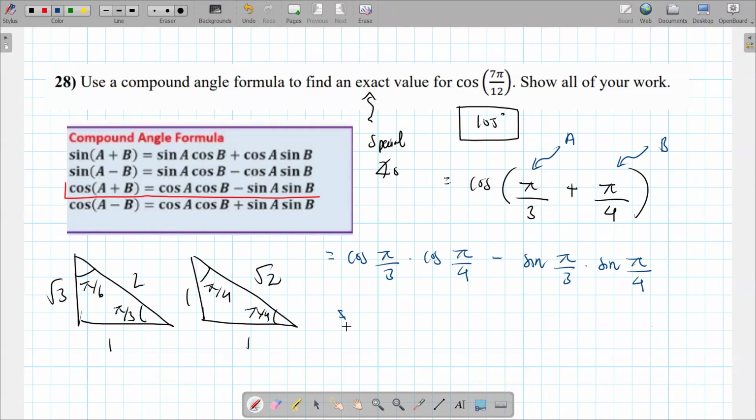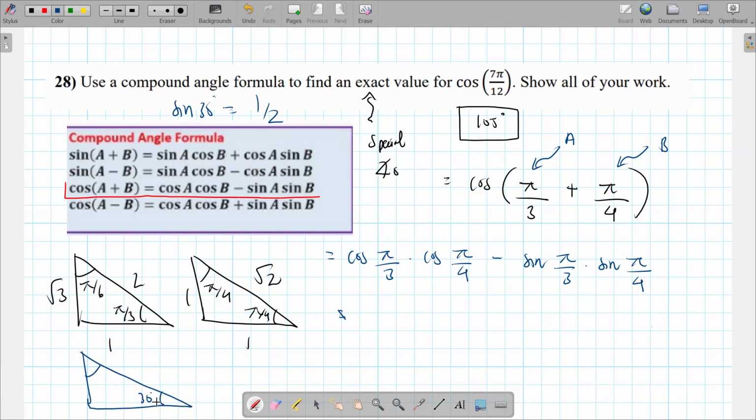Pi over 6 is 30. Is it the opposite of sine 30, which is 1 over 2? I think you're used to writing this down, this up there, but let's see if that changes anything. Okay, let's do it like this. 30.